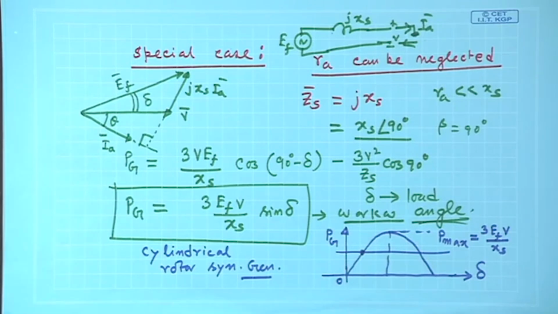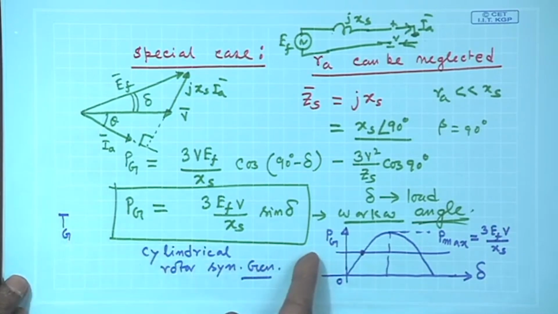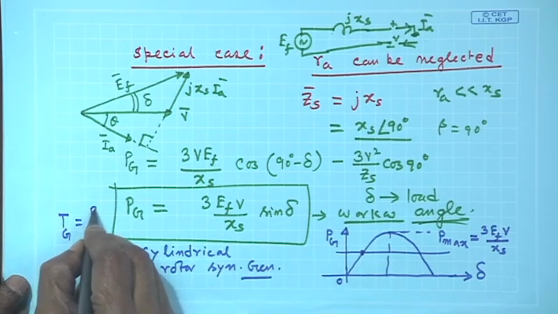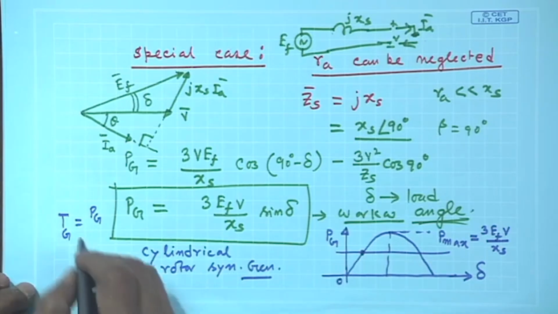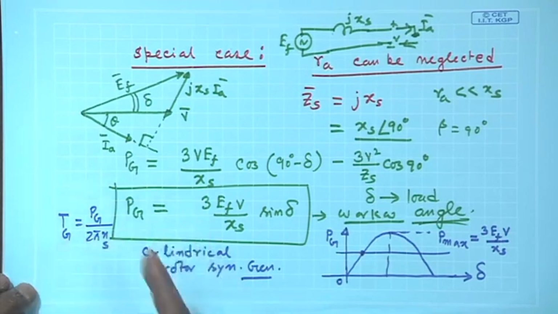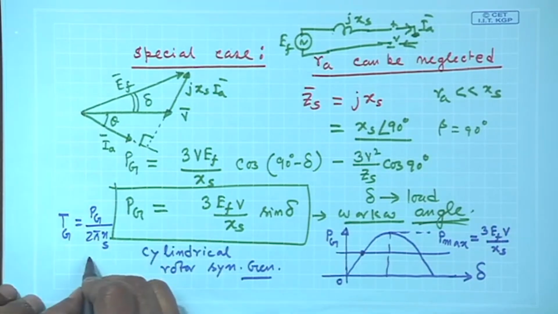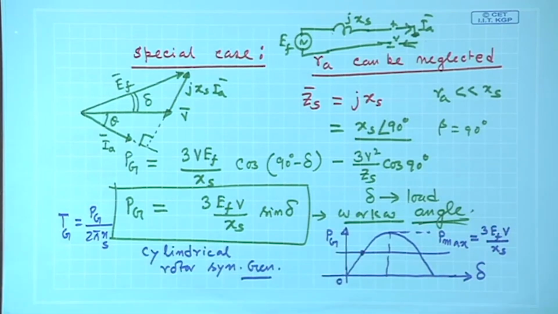So, the steady electromagnetic torque developed by the machine will be P g, and this is the torque in synchronous watt, you can say straight away. But if you divide by 2 pi n s, where n s is in RPS, you will get the electromagnetic torque developed by the machine. And I will say the prime mover torque must also be the same, but in the opposite direction.